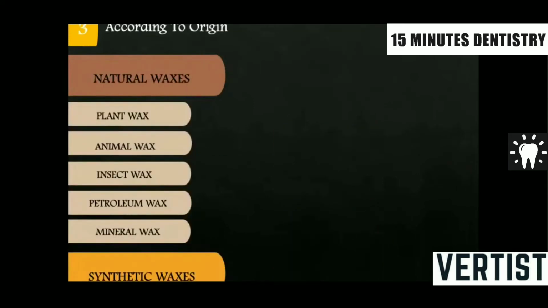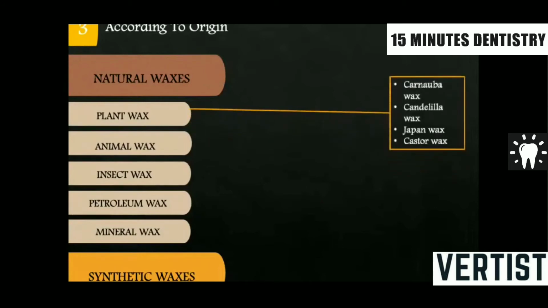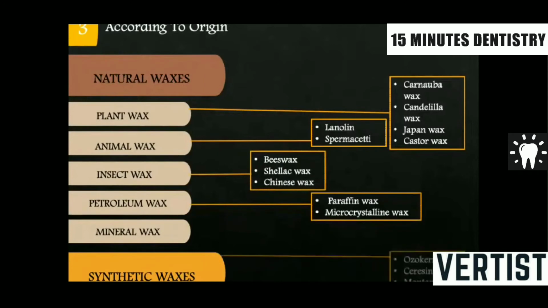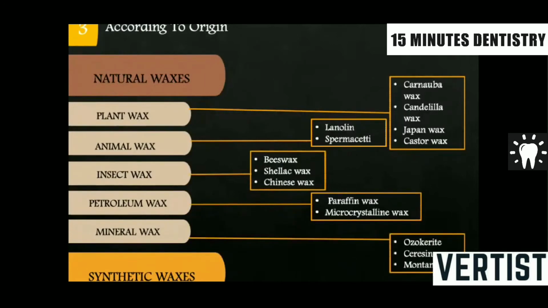According to the origin, that is from where do we get these waxes, we have the natural waxes, that first are the plant wax, the animal wax, the insect wax, the petroleum wax, and the mineral waxes. Then synthetic waxes are also made and they are also available for use.